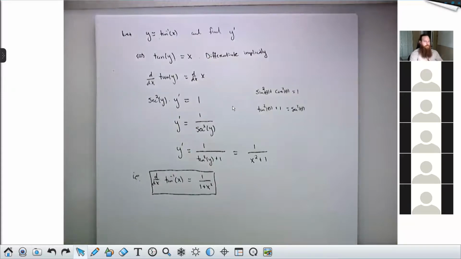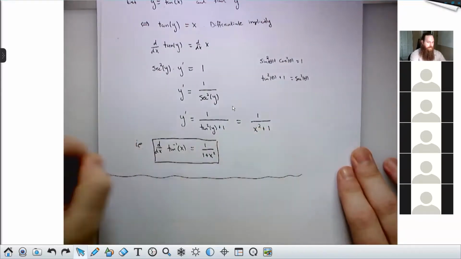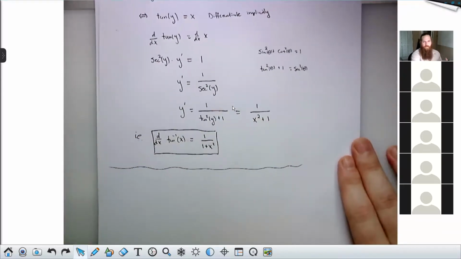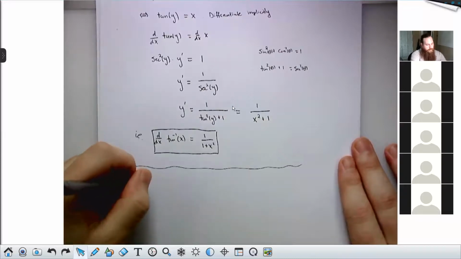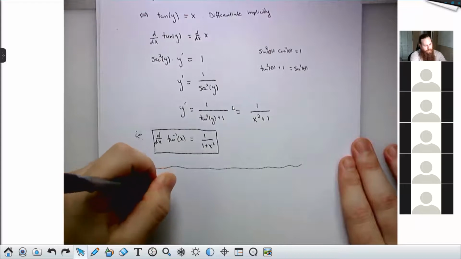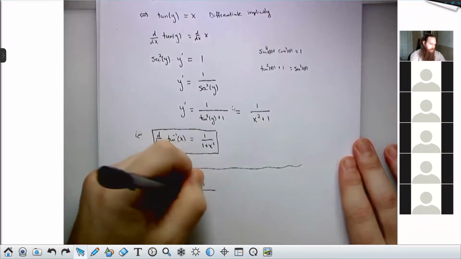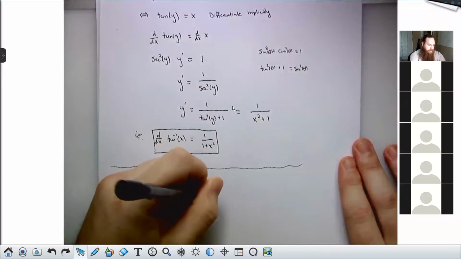The derivative of the inverse cosine function, secant, cosecant, they all go the same way. So I'll just tell you. The derivative of the inverse cosine of x is negative 1 over the square root of 1 minus x squared.